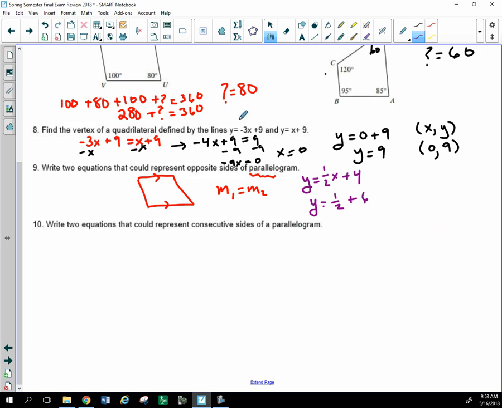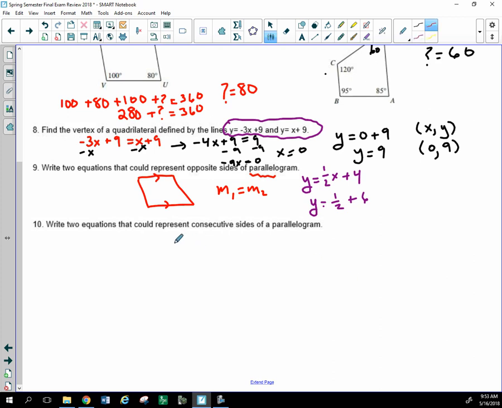So I'm looking back at example 8, because this was a quadrilateral where we had different slopes, but they had the same point of intersection. And since we're only worried about two equations, I don't have to have anything parallel or anything like that. The word parallelogram could be interchanged with quadrilateral in this case.